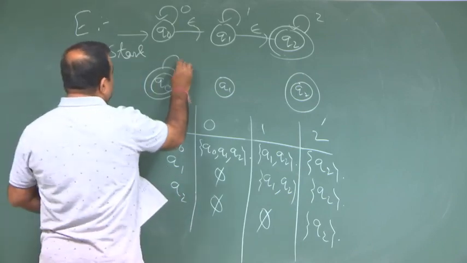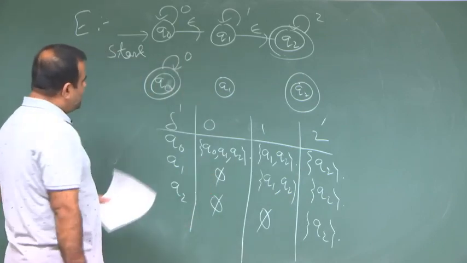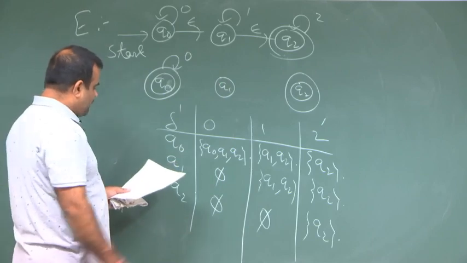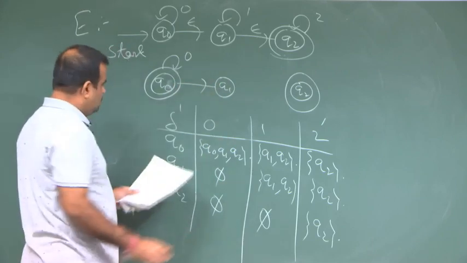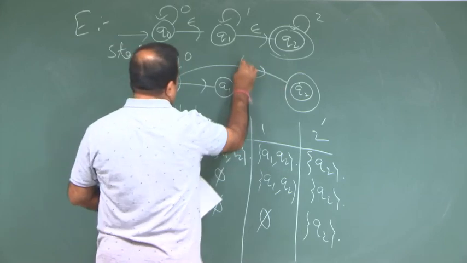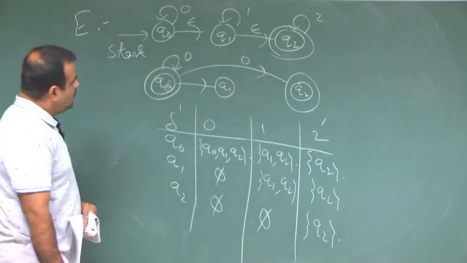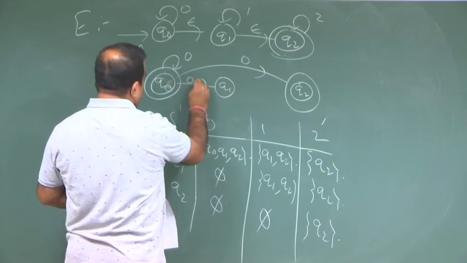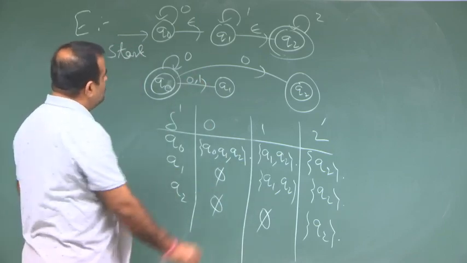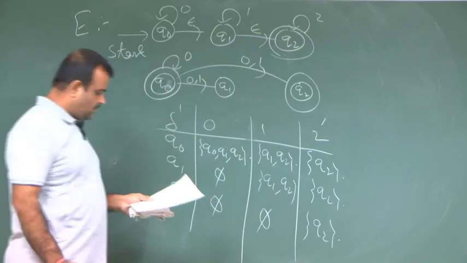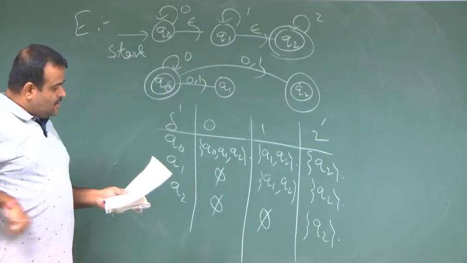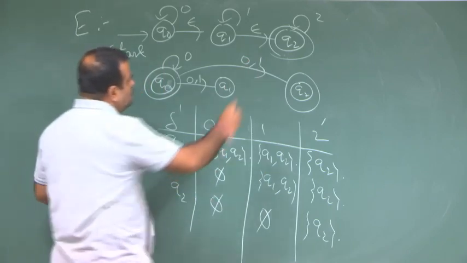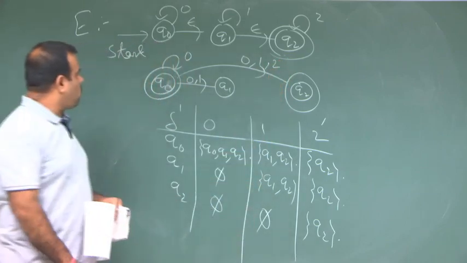With 0 we can go from here, also here, also here. With 1 we can go to Q1. So, this is 0 or 1, we can go to Q1 or Q2, 0 1. With 2 we can go to Q2, 0 1 2.